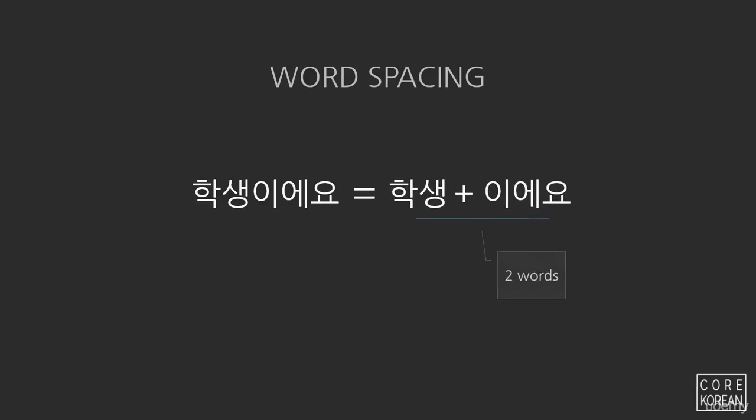The Korean word spacing is a bit different from that of English. Most Korean words can be written separately with a space between two words as in English, but there are cases in which you should not have a space between two words. 학생이에요 of the sentence doesn't have a space though it consists of two words.